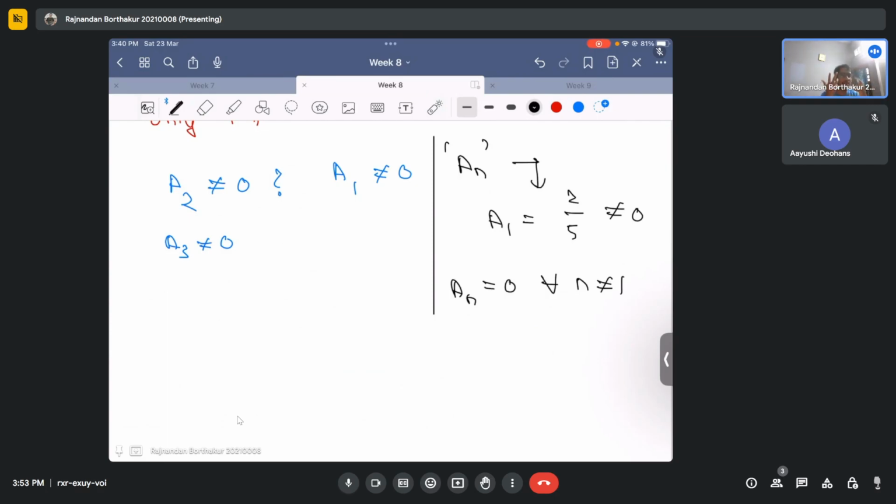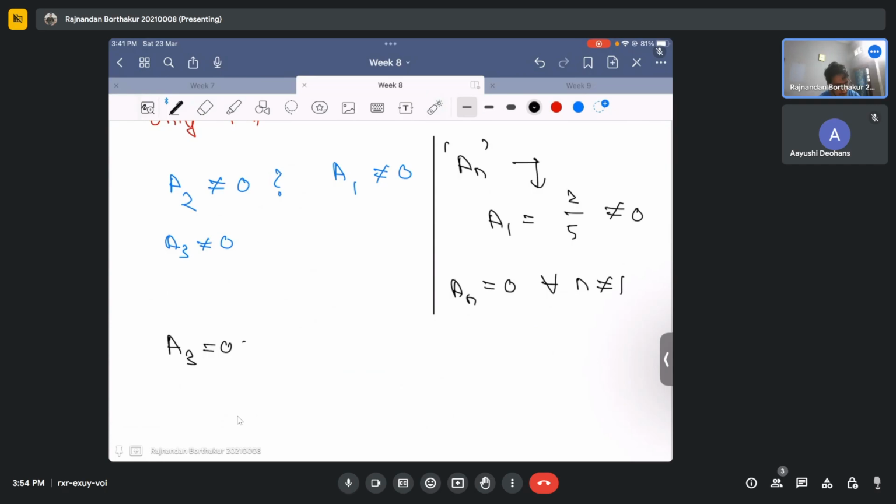We evaluated that there can be two modes, n equal to 1 and n equal to 3, and a1 is going to be 2 by 5. Since there are only two modes, n equal to 1 and n equal to 3, this a3 has to be equal to 0.